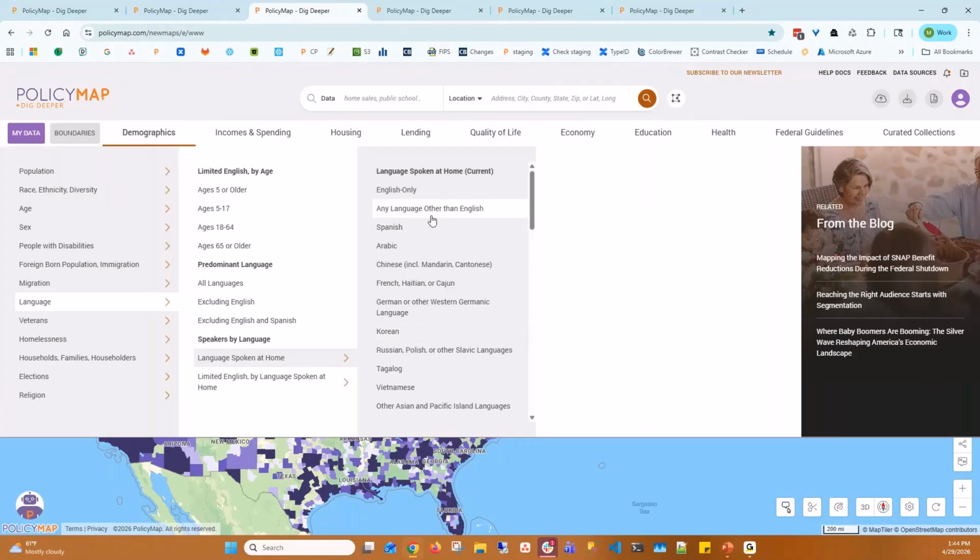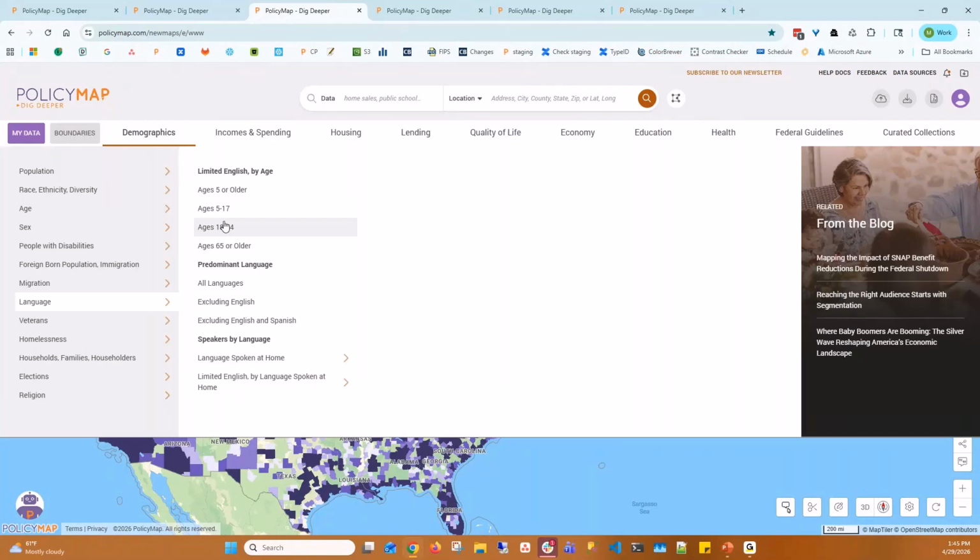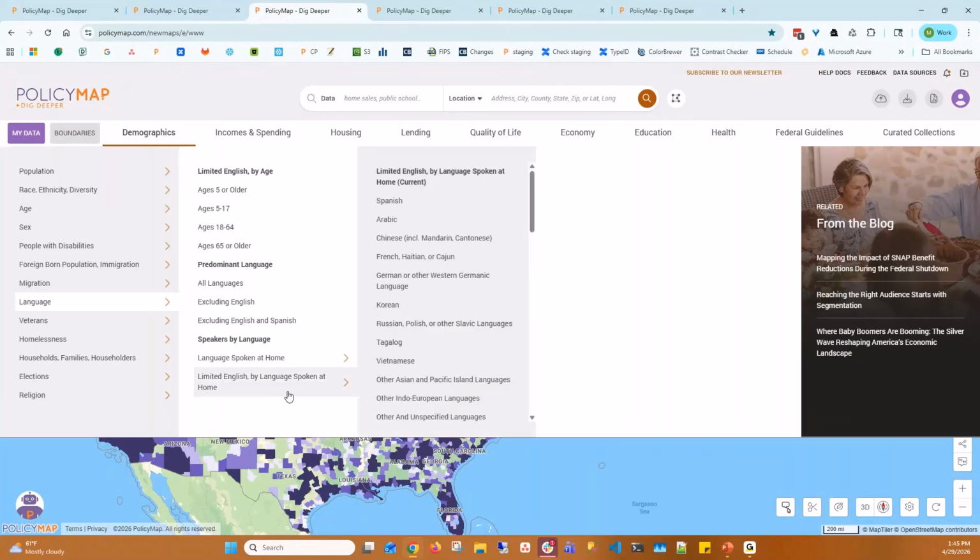That is a separate metric that they have, which is limited English by age. So partly this is the first layer of understanding: okay, we have at least a two-language household. Now, the level of English can start to be extrapolated in the one right below it. So, limited English spoken at home.